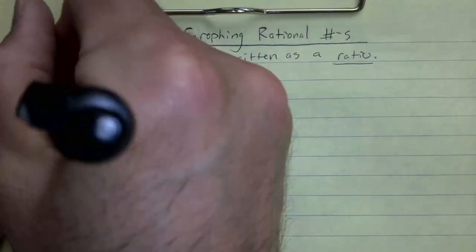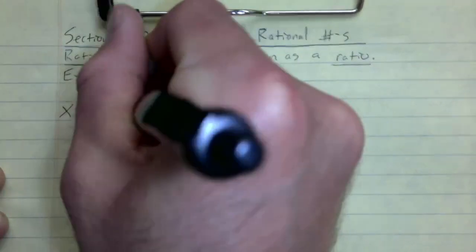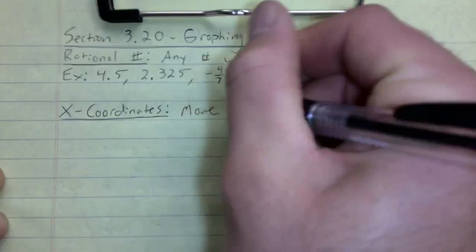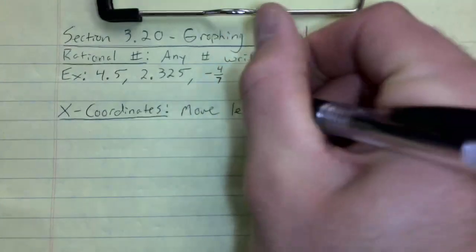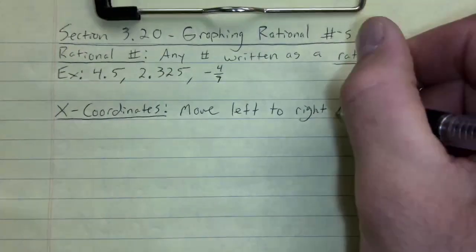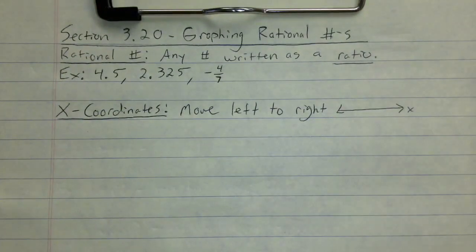Now, we also need to know your x coordinates. Your x coordinates move left to right, and we'll add in arrows left to right. That's your x.